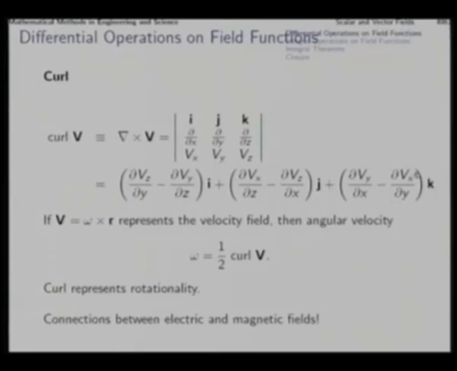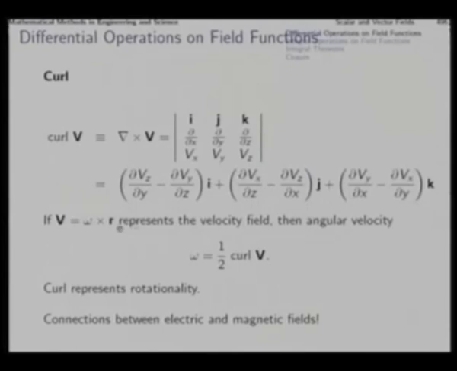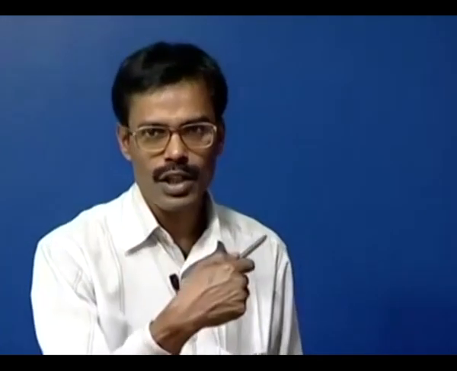The word curl literally means rotation, turning, and that is the precise meaning when you try to explore the situation in the case of a fluid flow. For example, if v equal to omega cross r represents the velocity field, then the curl of the velocity vector gives twice the angular velocity, that is twice the rotationality.